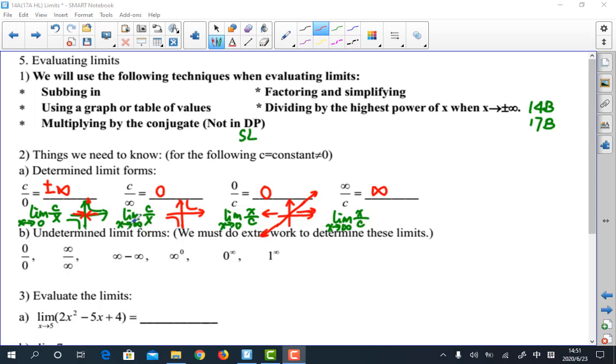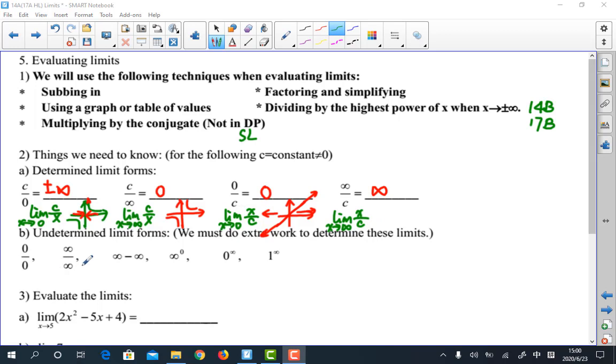When the denominator approaches infinity, positive or negative, the entire fraction approaches 0. When the numerator approaches 0, the numerator divided by a constant is still approaching 0. So the numerator approaching infinity divided by a constant still approaches infinity.